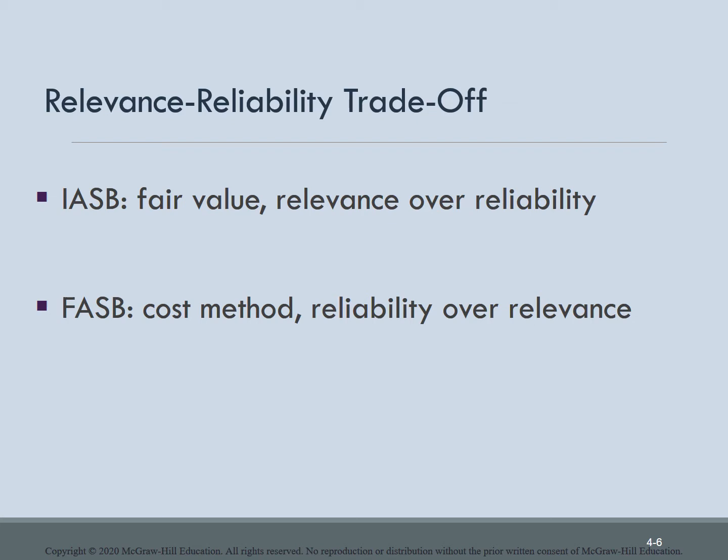So the IASB tends more toward fair value, prioritizing relevance over reliability or faithful representation, whereas the FASB is more inclined to go with the traditional historical cost method, which prioritizes reliability or faithful representation over relevance.